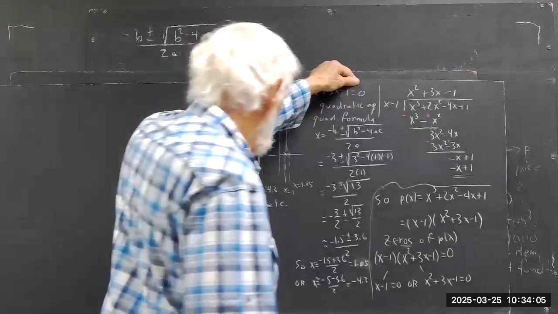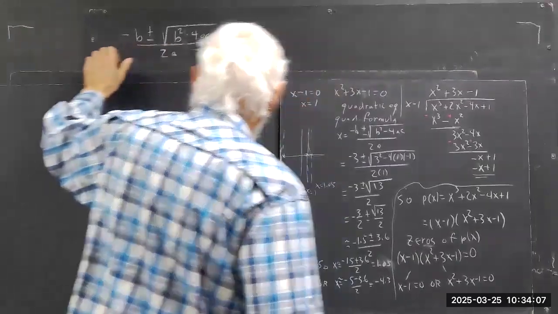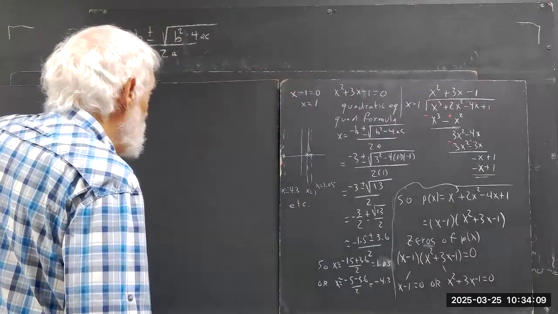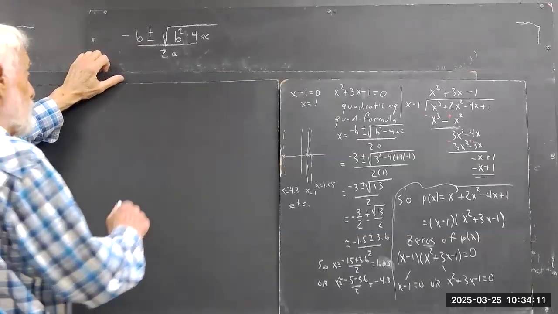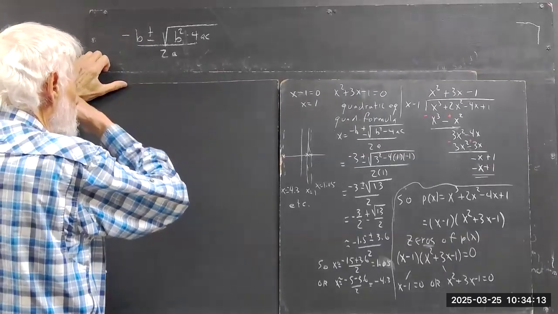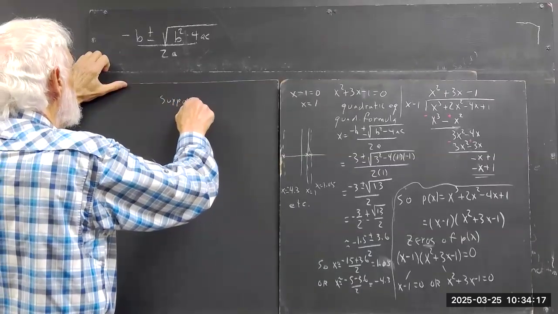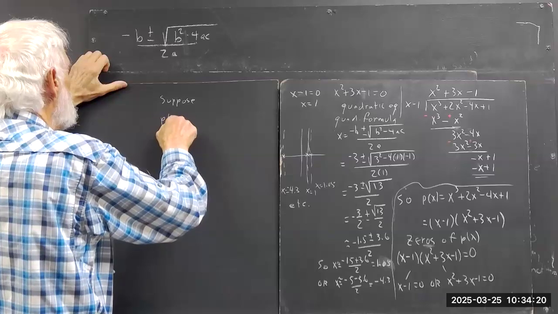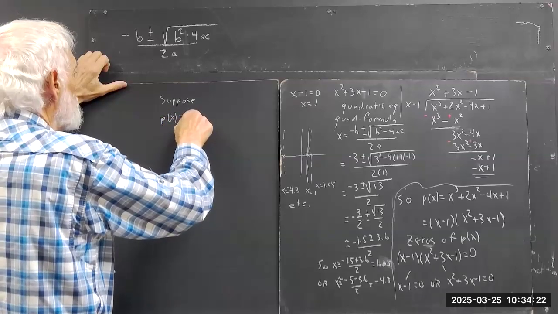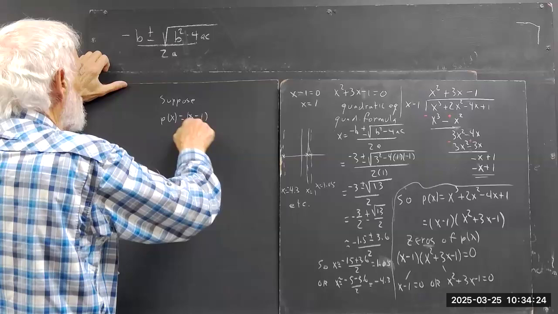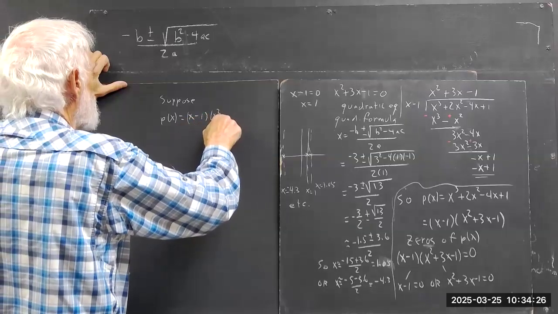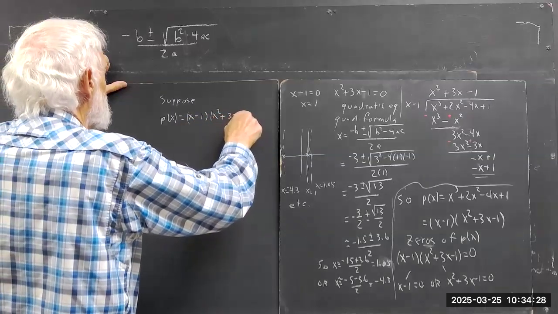So good, start with some P of x equal to x minus 1 times x squared plus 3x plus 6.